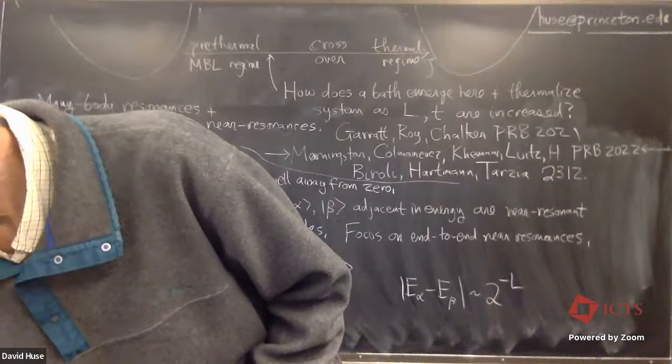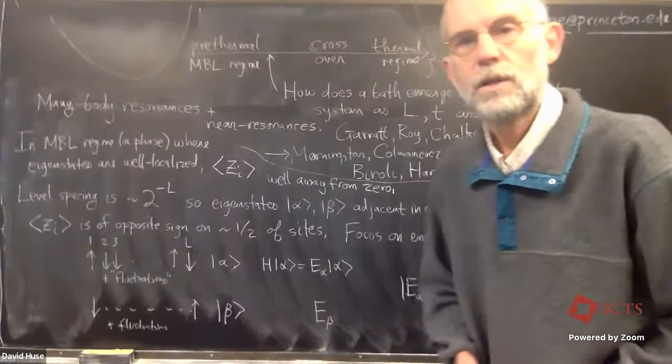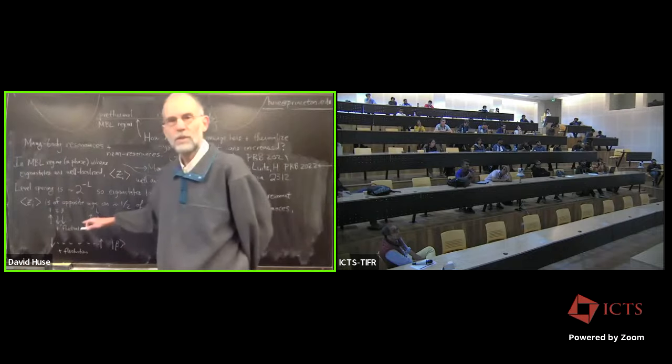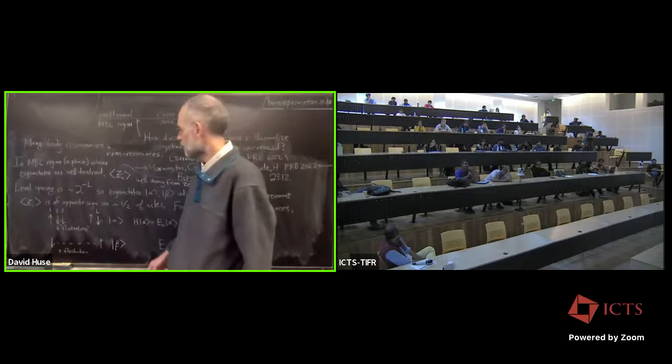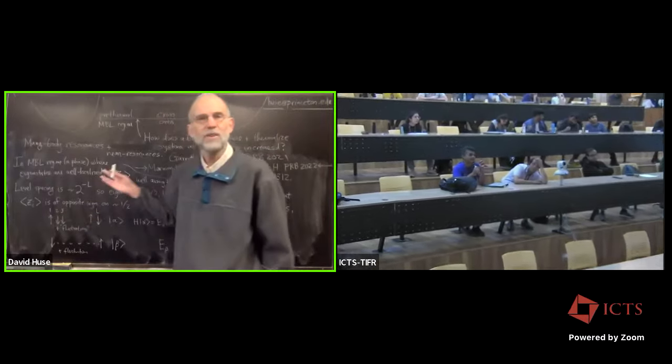Questions? Yeah. So for the two states, only the end spins are flipped, and all the others? No, half of the other ones are also going to be flipped. The others can be anything, and typically half of them will be flipped.